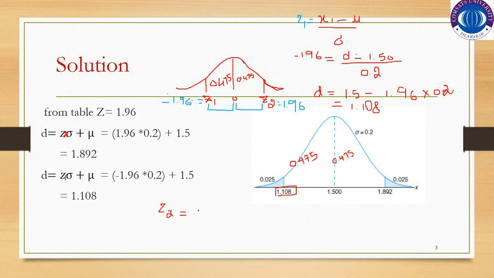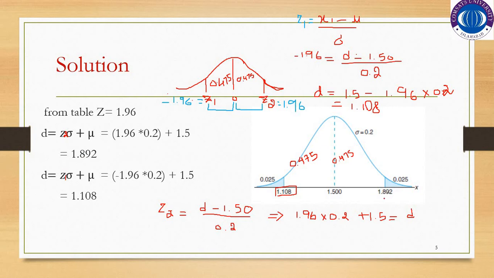Now we will find the second point, which will be Z2 is equal to D minus 1.50 whole divided by 0.2, and by simplifying this, we will get 1.96 as you know, into 0.2, and this would be plus 1.5, which will be equal to D. So this is the situation, and by simplifying this you will get 1.892.